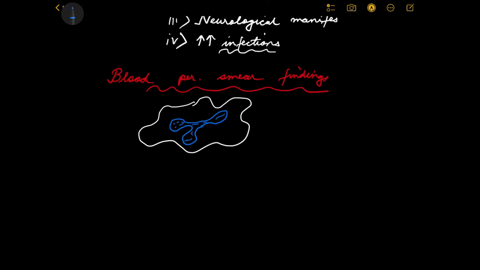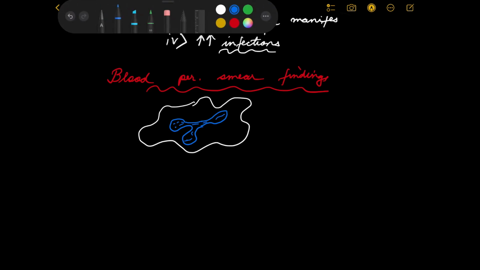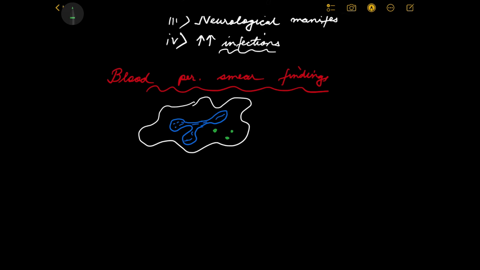And within the cytoplasm, it has been seen that there are a lot of giant granules, let's go with green, giant granules, that are found in the WBCs of patients suffering from Chediak Higashi syndrome.